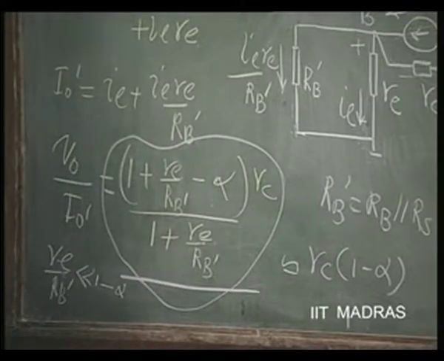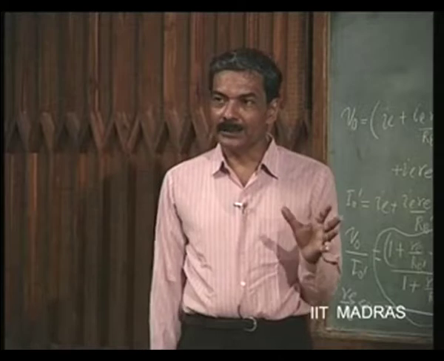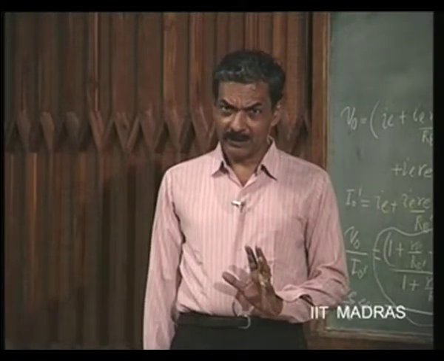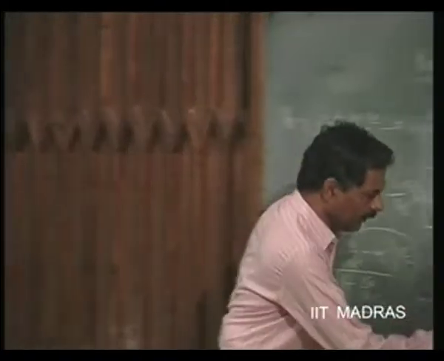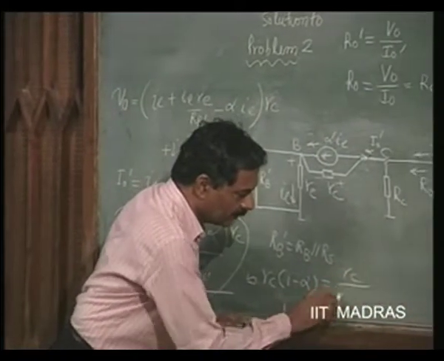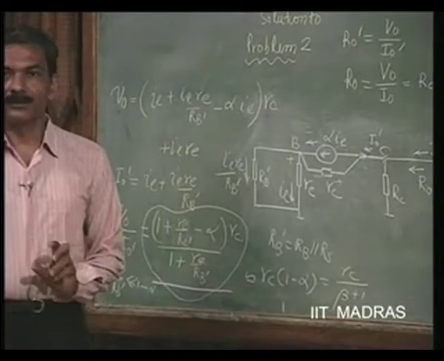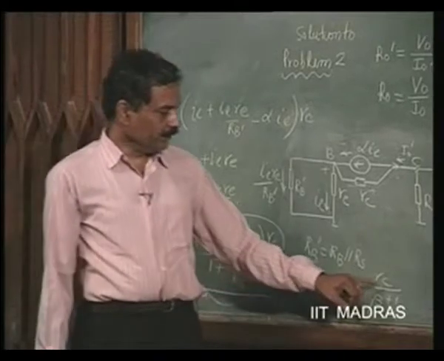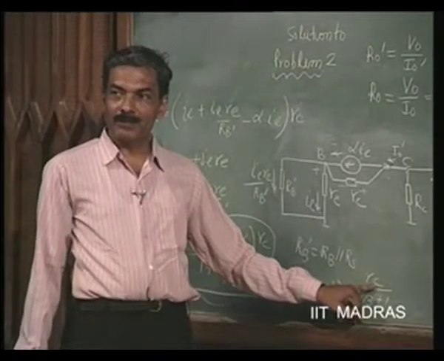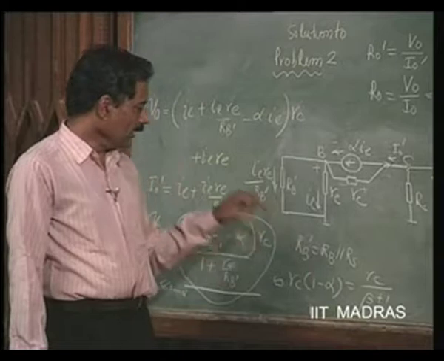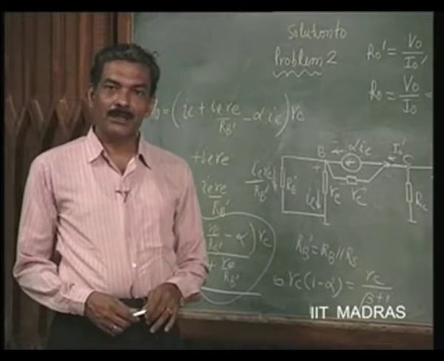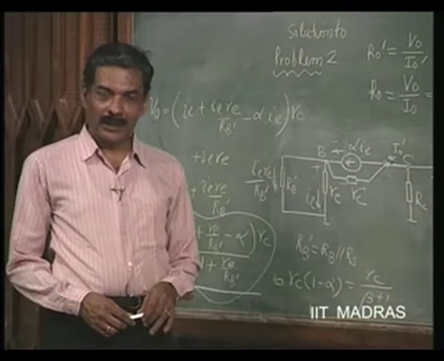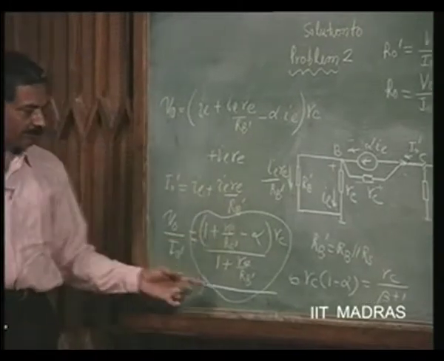So, you can see that the output impedance asymptotically reaches R C and R C into 1 minus alpha. R C into 1 minus alpha is also equal to R C divided by beta plus 1. This is the output impedance of a common emitter configuration and R C is the output impedance of a common base configuration. In general, the output impedance is in between.